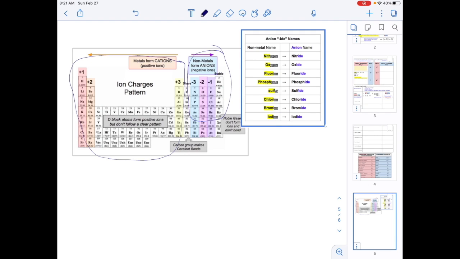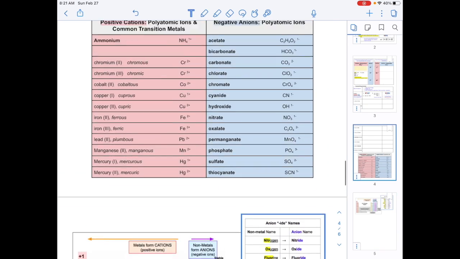And we know naming them, we name the metal as it is on the table, and the non-metal, we have to change the ending to "ide." So this is from assignment 3.4, and if you want to take a screenshot of this to have it handy, you could. So always pause whenever you need to fill in your worksheet as we go along, or take screenshots.